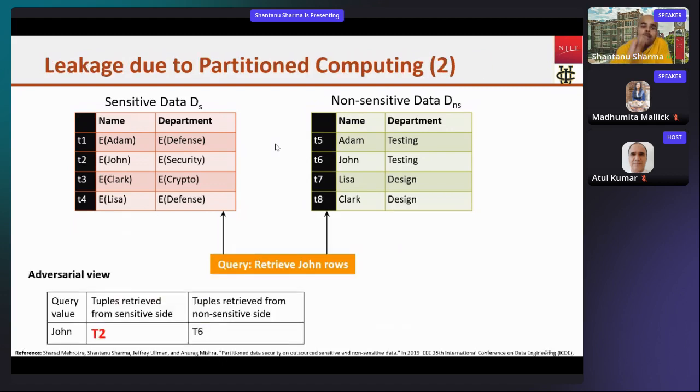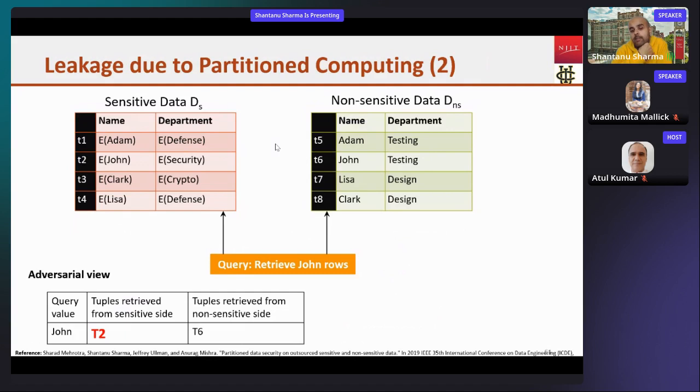Now let's see how the leakages will happen if we execute this type of computation. Let's say the query wants to retrieve all the rows of John. So what will happen after this? The adversary will immediately know that from the sensitive part, I am returning the T2 row, and from the non-sensitive part, I am returning the T6 row.